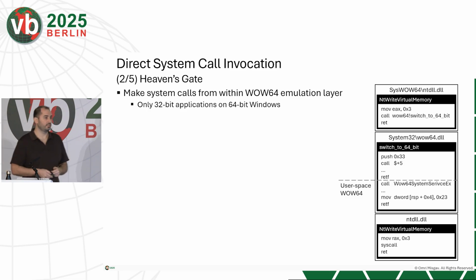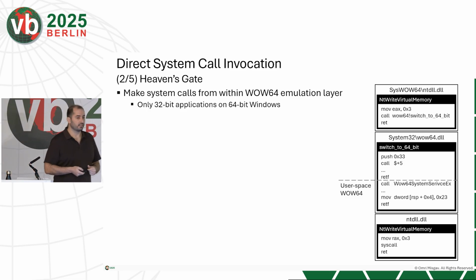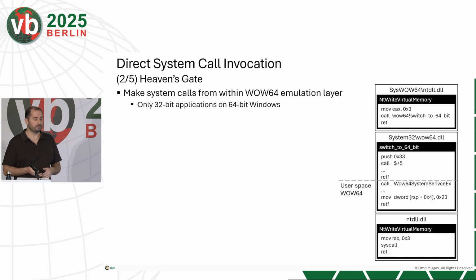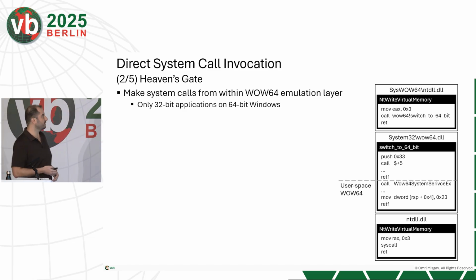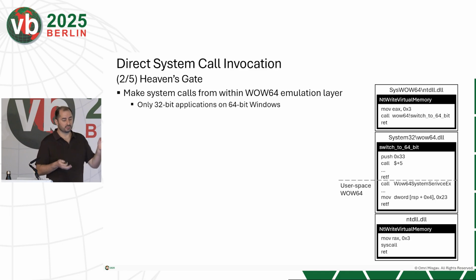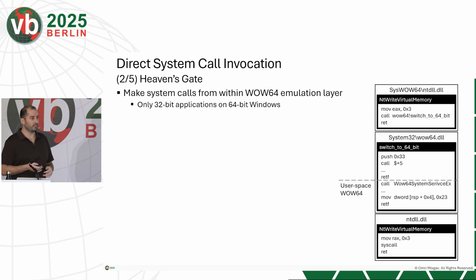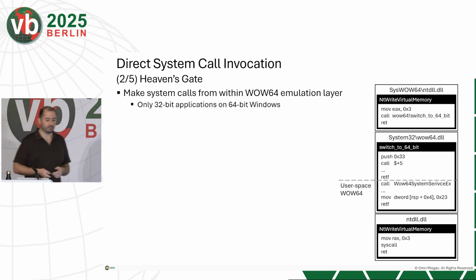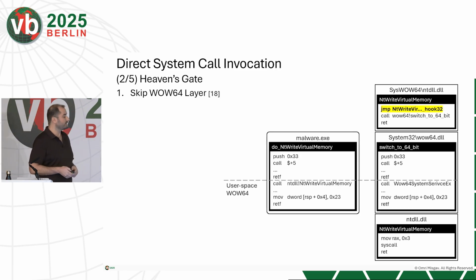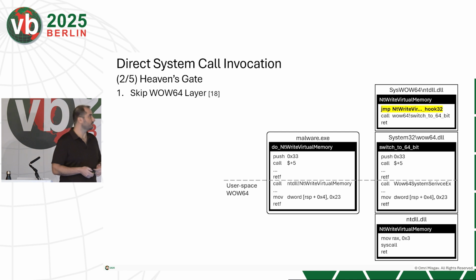The second method here is Heaven's Gate. It's a specific case on Windows that basically allows 32-bit applications to interact with 64-bit code, using the emulation layer directly within the malware itself and skipping the OS DLLs. There are two variants that can be used here.